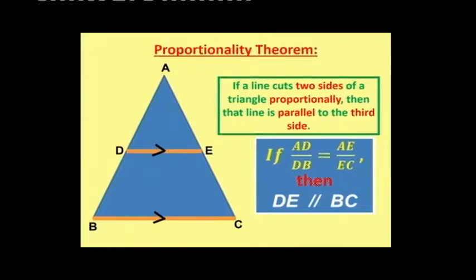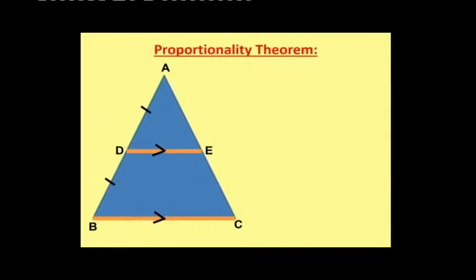Then it means DE is parallel to BC. Now I know you're going to say, sir, it can be a bit confusing, but just concentrate, learners. It's not so hard. The theorem says if two sides are parallel, then the other two sides are proportional. If you have the two sides proportional, then it means these two sides are parallel, right?